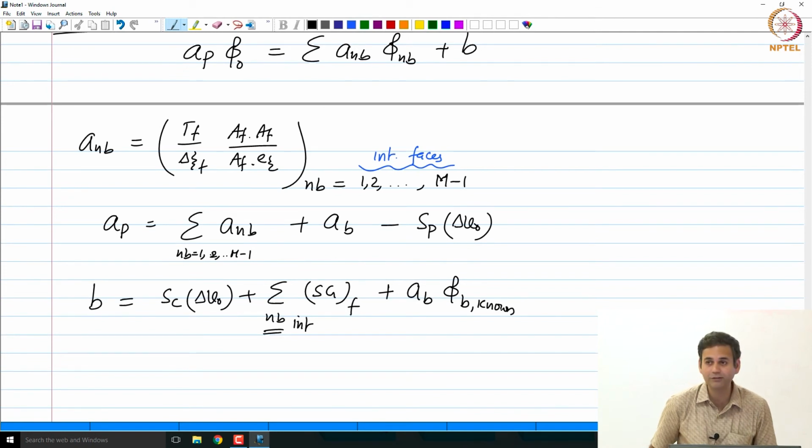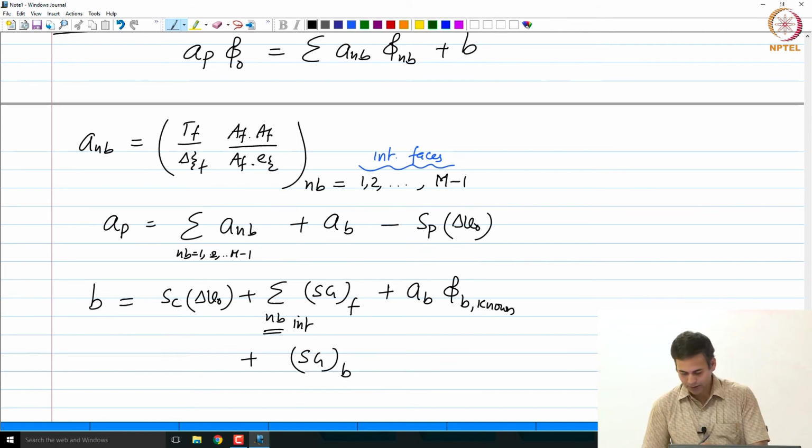What about the secondary gradient for the boundary face? Would that be there? Yes. That should also be in B here. That means plus SG boundary, right, if you have one boundary face, or sigma SGB if you have multiple boundary faces. Fine, is that okay?